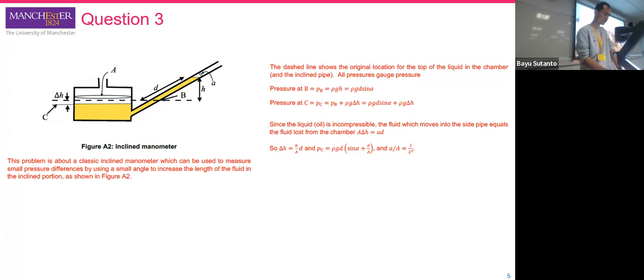So the ratio between a per A equals pi per 4 times 5 millimeter squared, divided by pi per 4 times 10 millimeter squared. It's going to be a quarter, 1 to 4. This is additional information that we can use in this calculation.